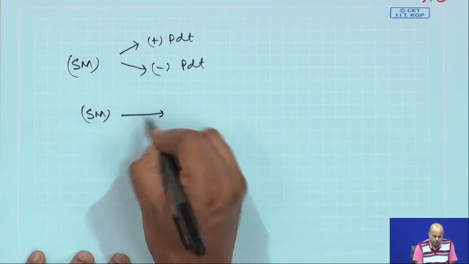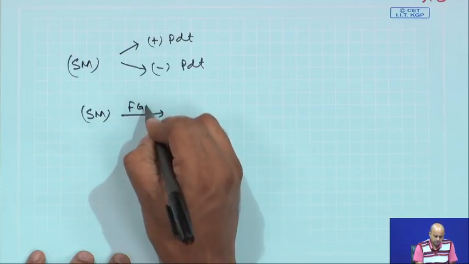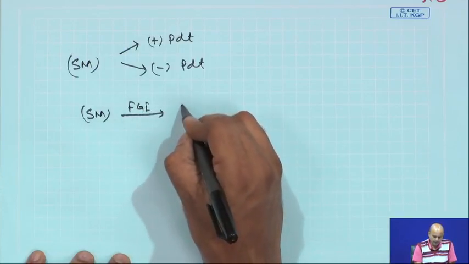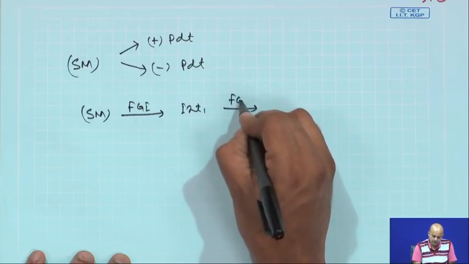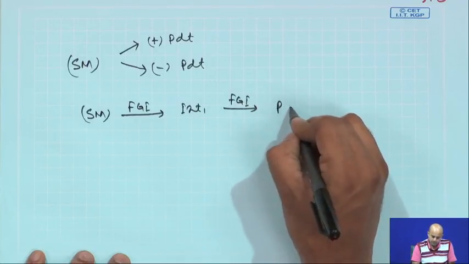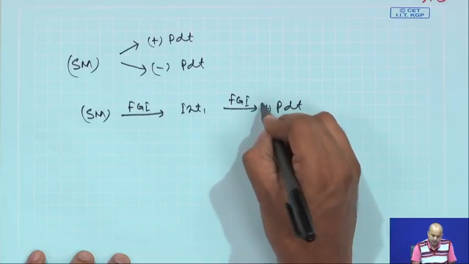So, you do an FGI, you get some intermediate 1, you do another FGI, and you get the product. Let us say you get a plus product.